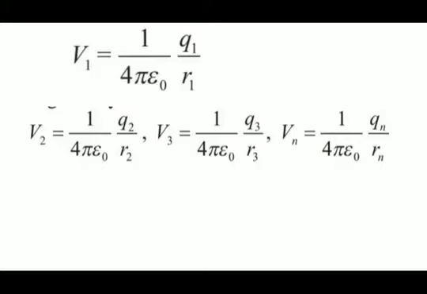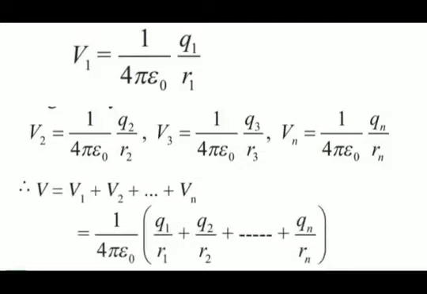Okay, so by the superposition principle that we had already studied in standard 11, the potential V at P due to the system of charges is the algebraic sum of the potentials due to the individual charges. That means V is V1 plus V2 plus V3 plus up to Vn.